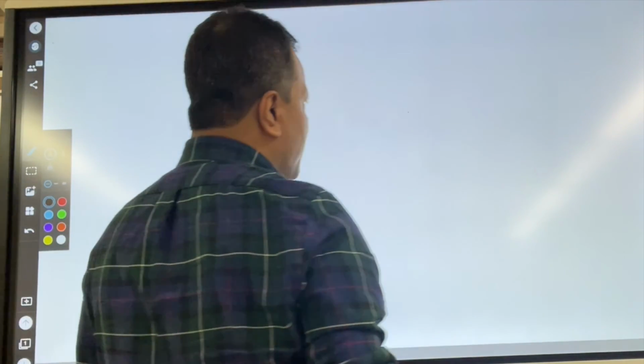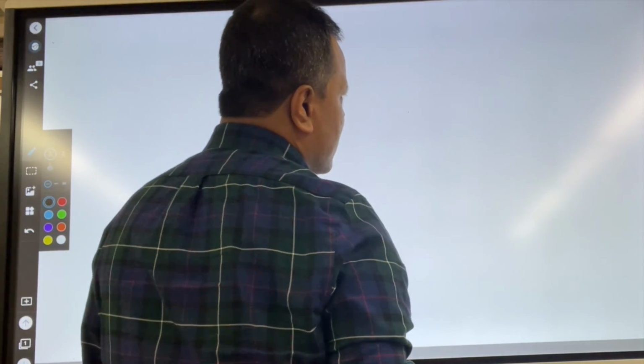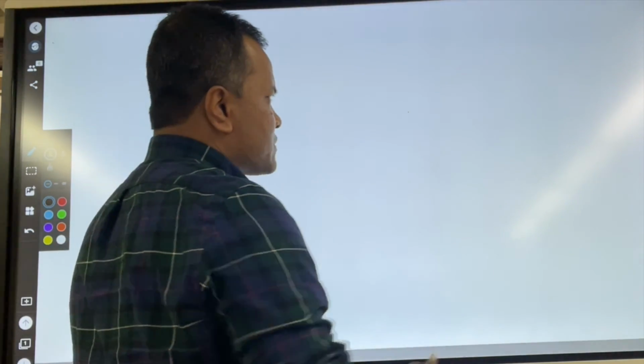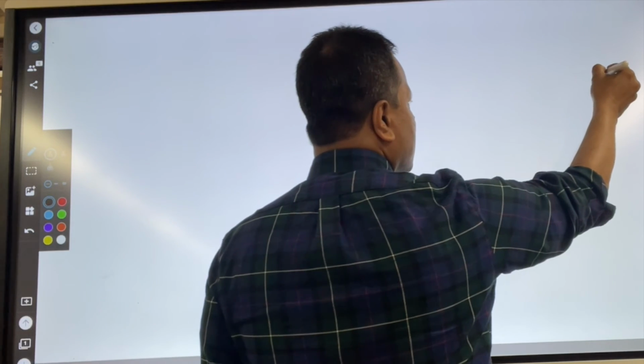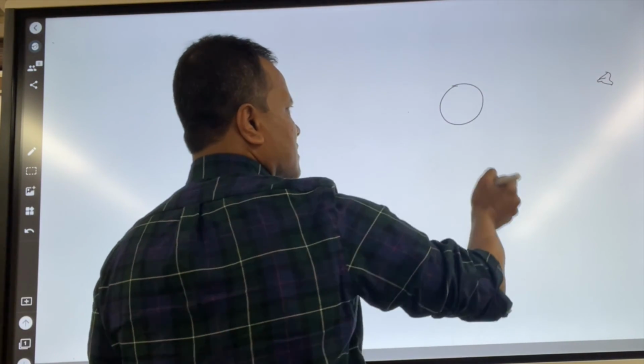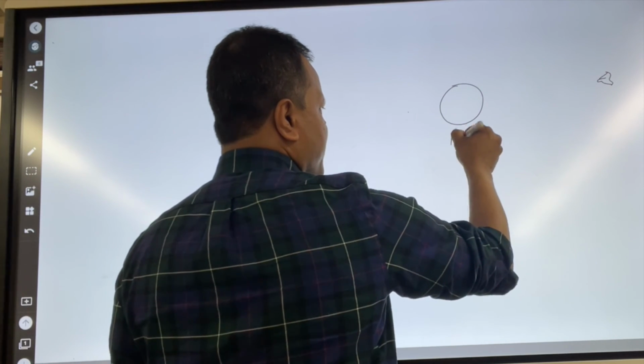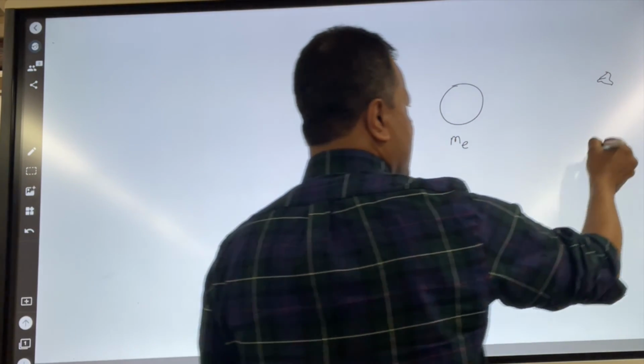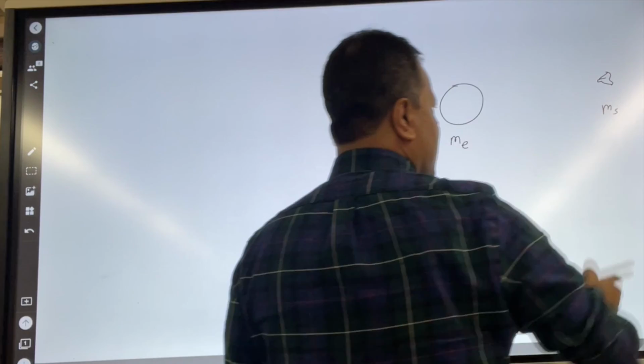All right. So let's get it done. What are we talking about? We are talking about the Earth. So this is the satellite and this is the Earth. The Earth mass, and this is the satellite mass. We don't need the satellite mass, by the way.